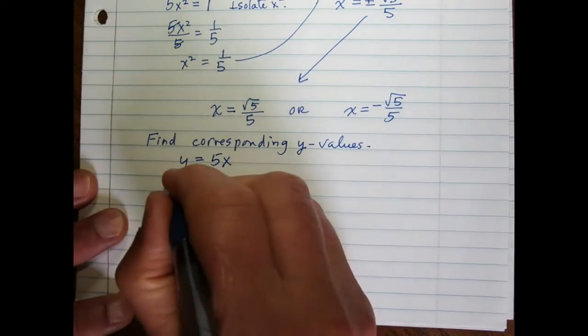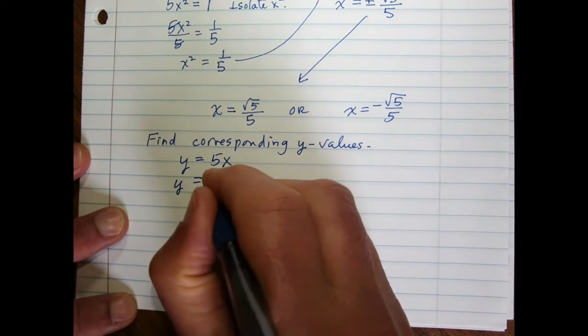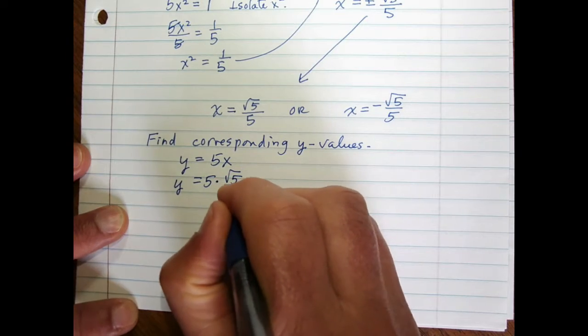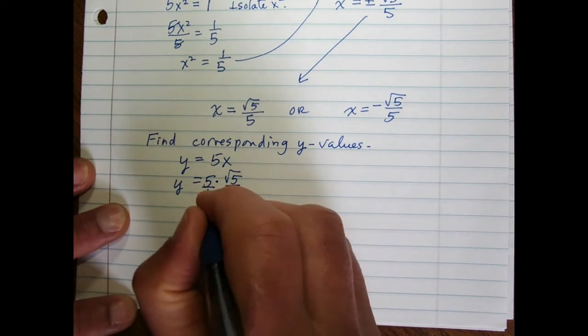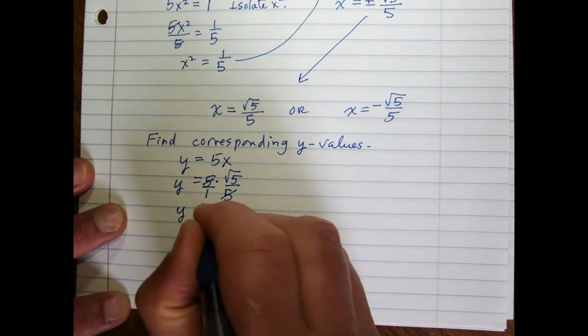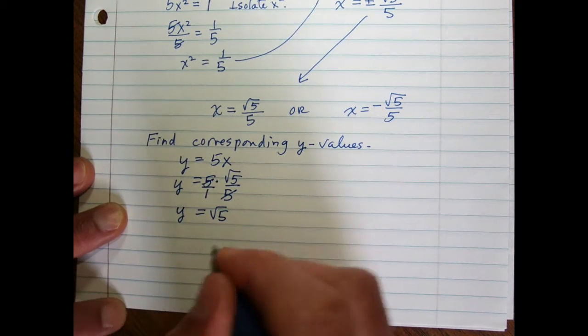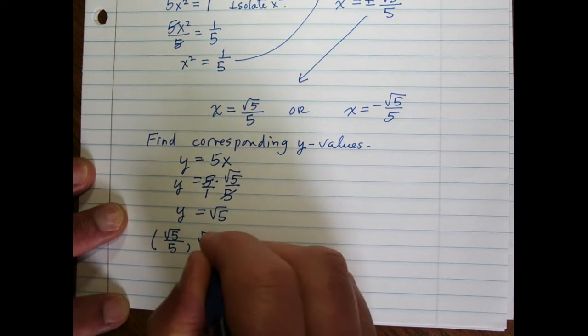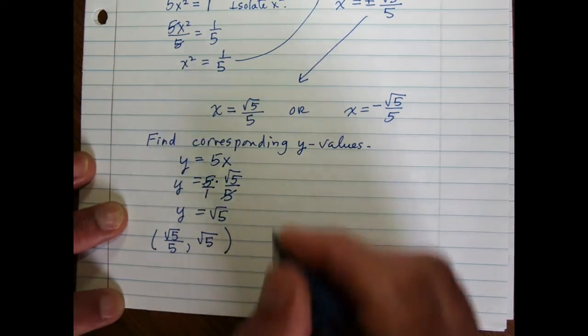And I'm going to substitute in my x values. So I'm taking y equals 5 times square root of 5 over 5. That 5 is just like 5 over 1. So the 5's will cancel, and I get y is square root of 5. So my solution is square root of 5 over 5, comma, square root of 5.